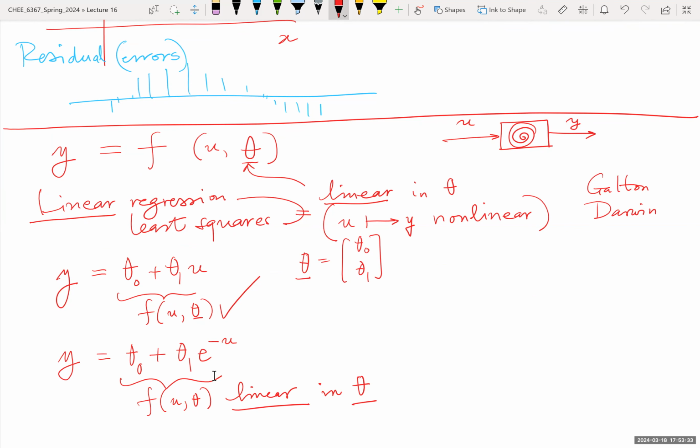As a function, this right-hand side is linear in theta, in the components of this vector. Is the effect of u on y linear or nonlinear? It's clearly nonlinear, because of the exponential. I can change u, y will change by something. Double the change in u, you are not going to get double the change in y, right?